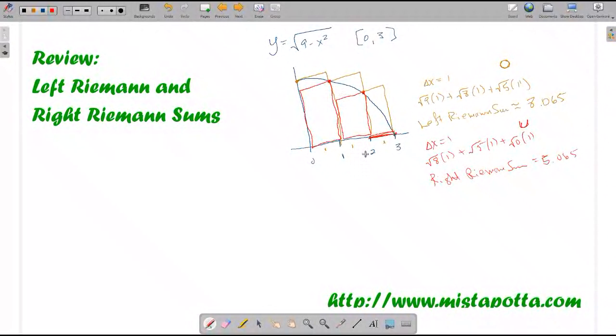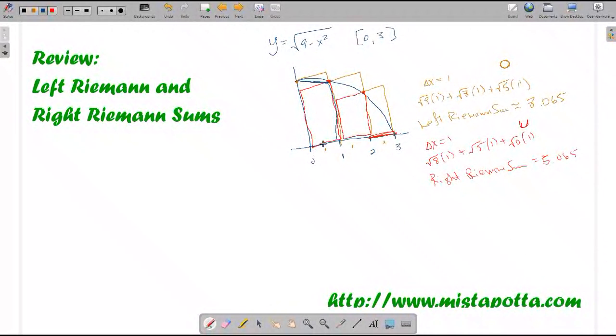And so a good question here is, what if we were to split the difference? In other words, what if instead of looking at these as rectangles, I was to look at this as trying to find the area of this trapezoid.